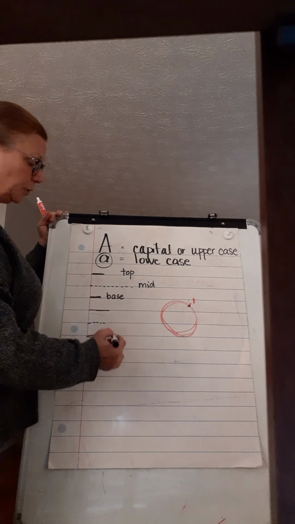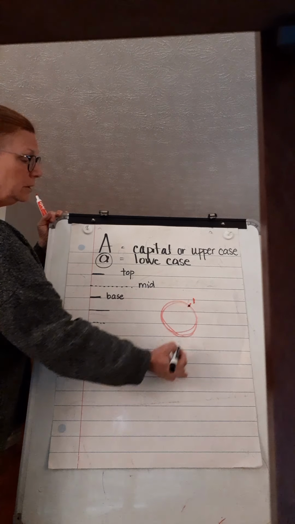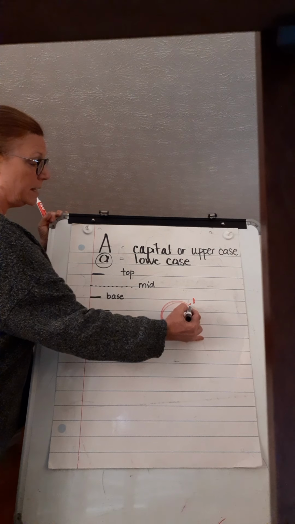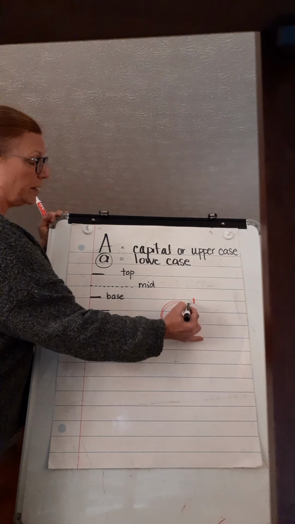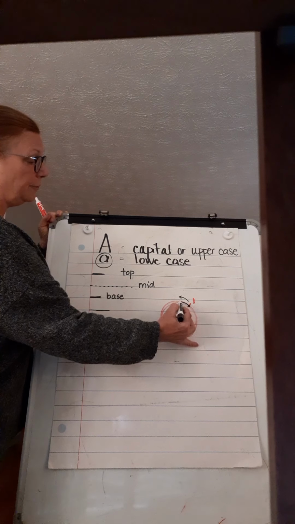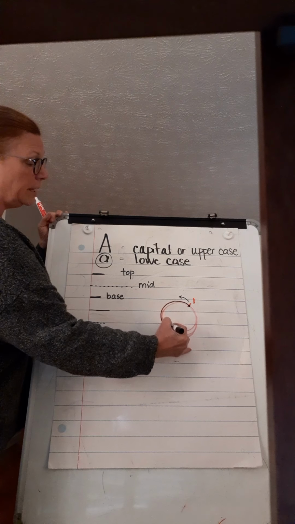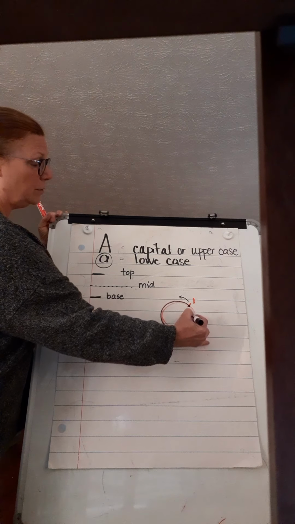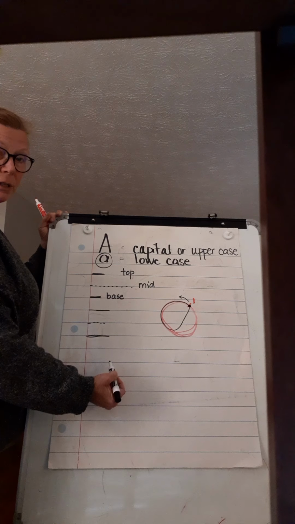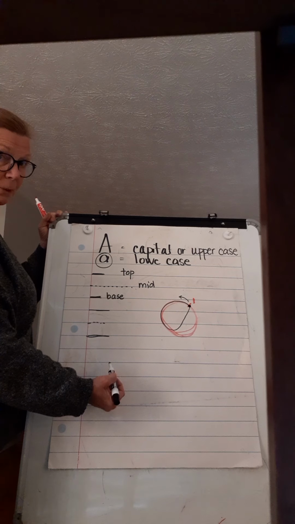All right, so if you can imagine 1 o'clock on a clock, that is where the start point for the letter A is. So you would start here and you're going to move counterclockwise. You're going to go to the left and come back around and get to that exact same starting point. And you'll notice that the letter is not a complete circle.